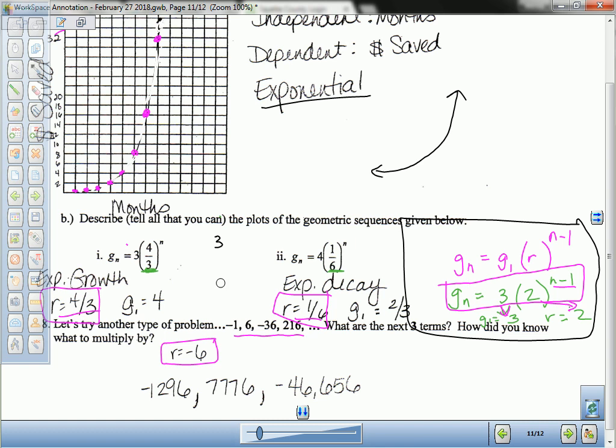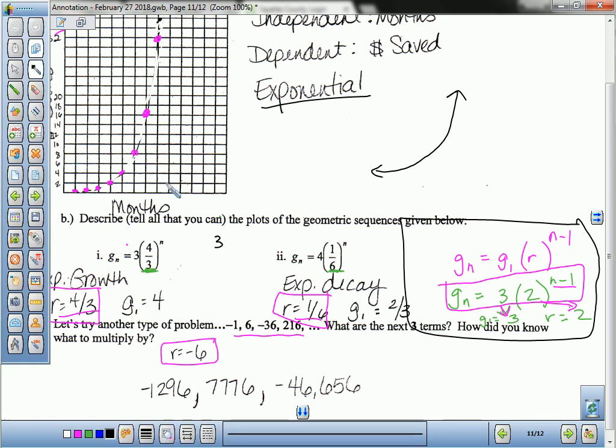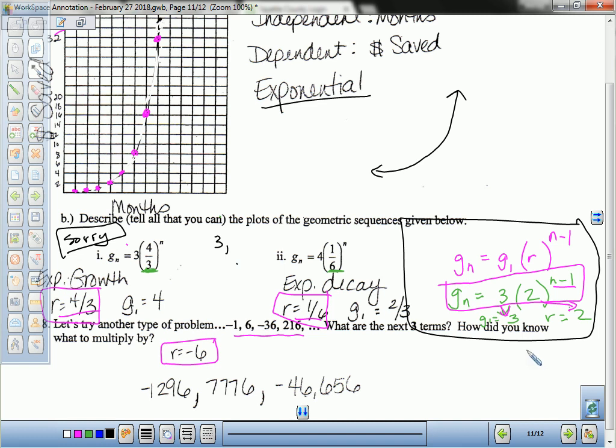You had to multiply by it to find the first term. That's your 0 term. This is not a good form. This was bad form. Sorry. This is what's important.